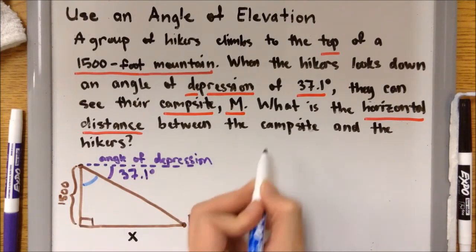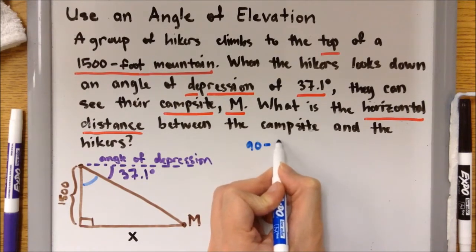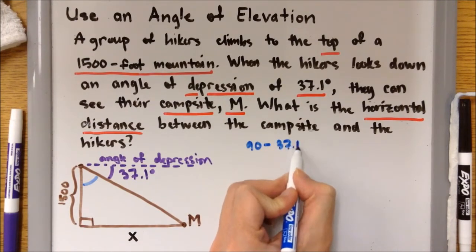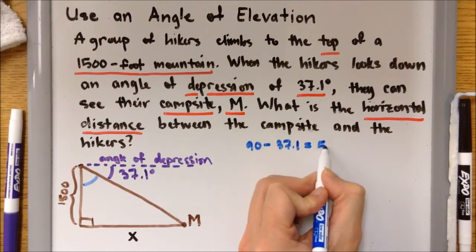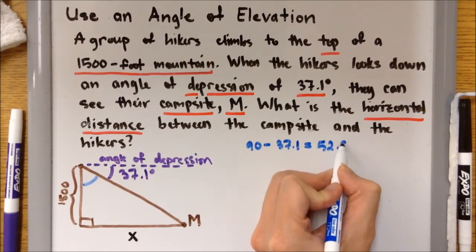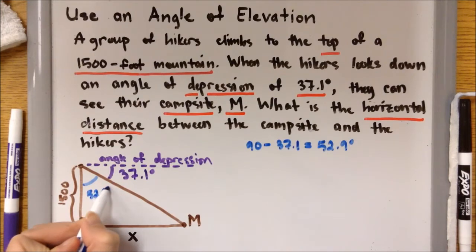So if I want to find this angle, I can do 90 minus 37.1, which equals 52.9 degrees. So this is 52.9 degrees.